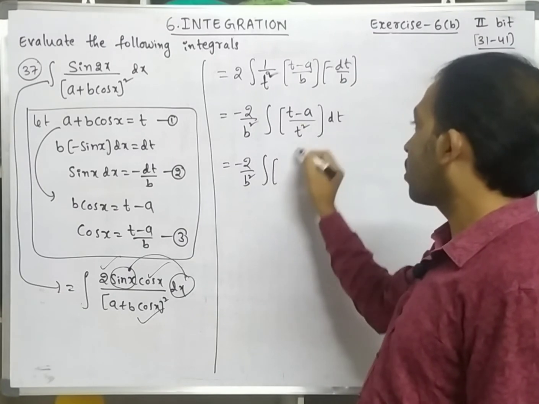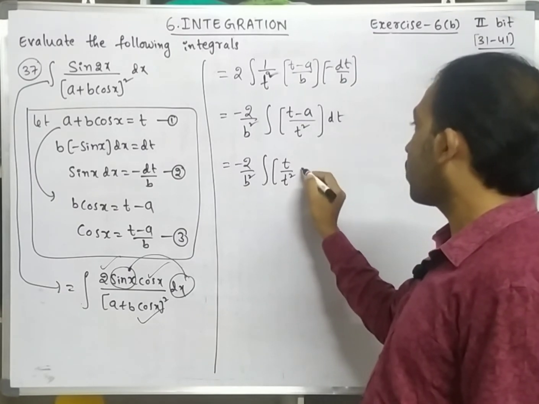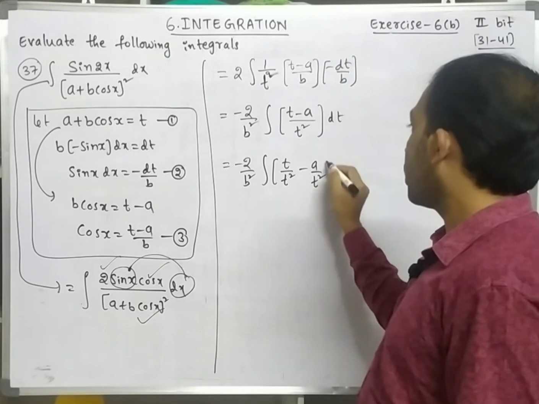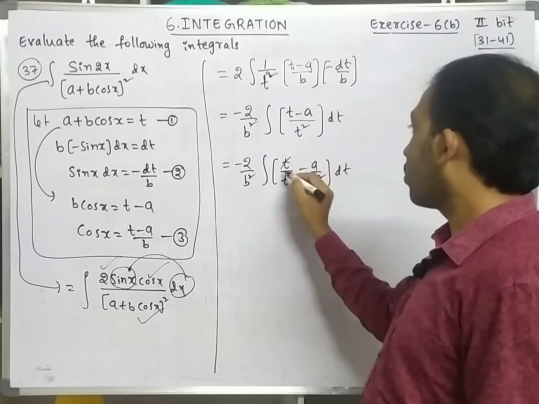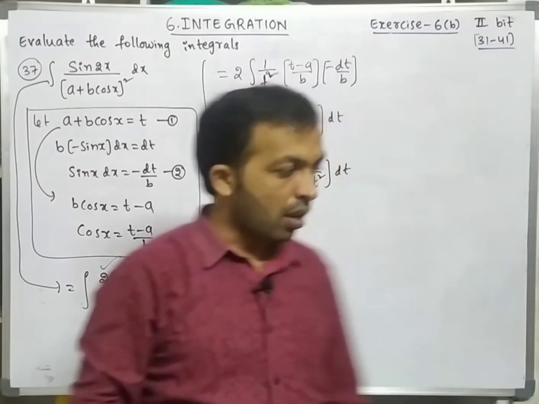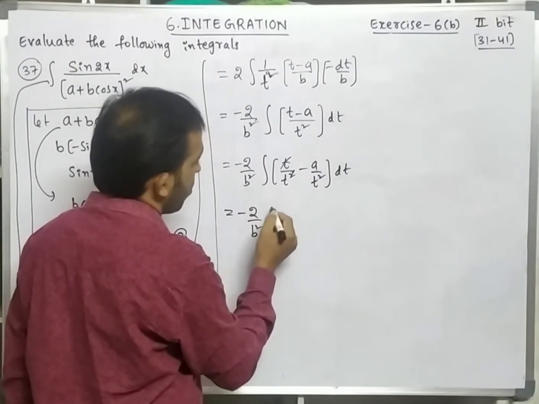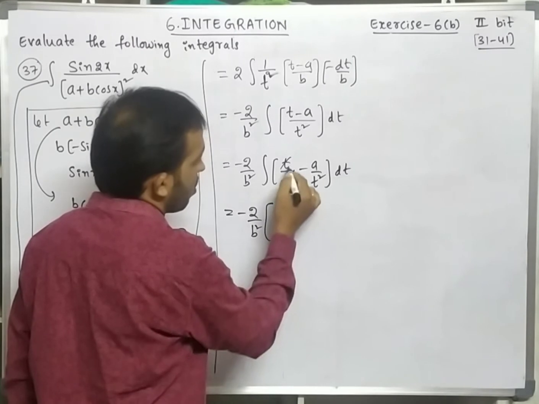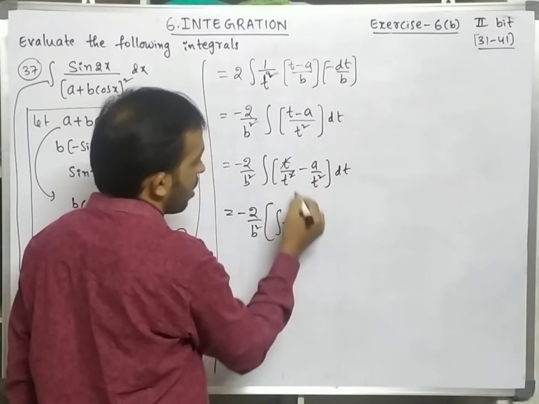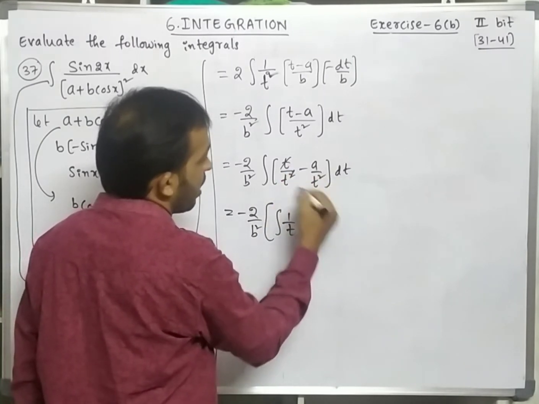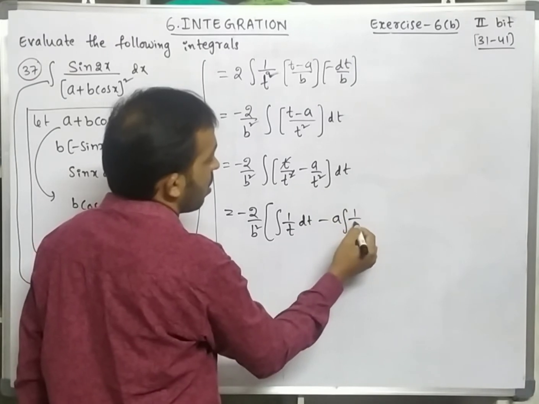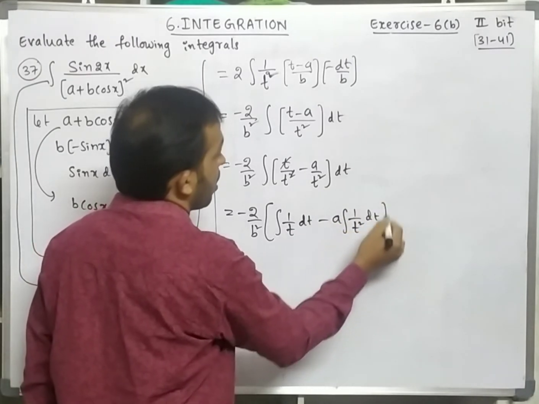Split it: you will get t by t square minus a by t square into dt. So t gets cancelled. Now minus 2 by b square into the integration of 1 by t dt, minus a constant, integration of 1 by t square dt.